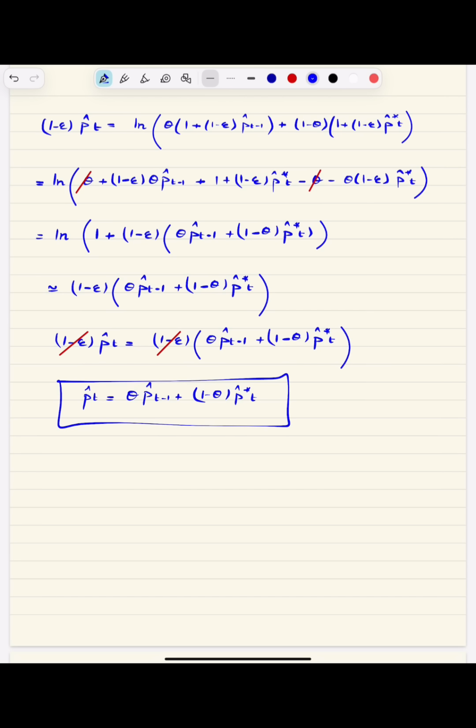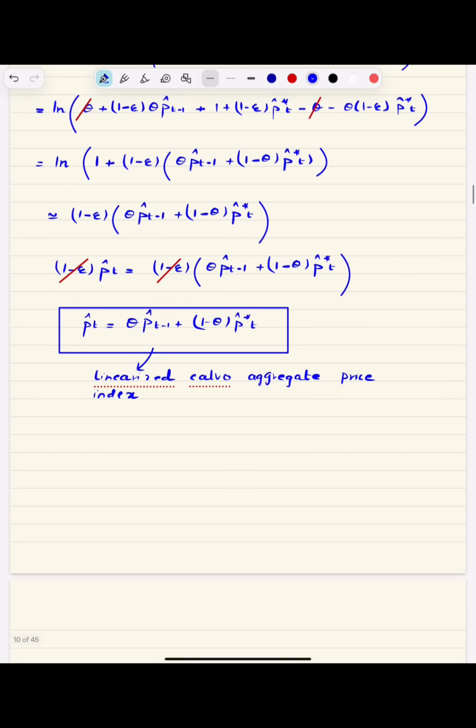So this is now the linearized Calvo aggregate price index.